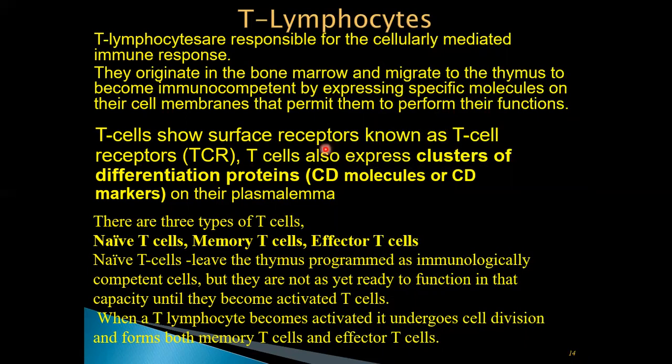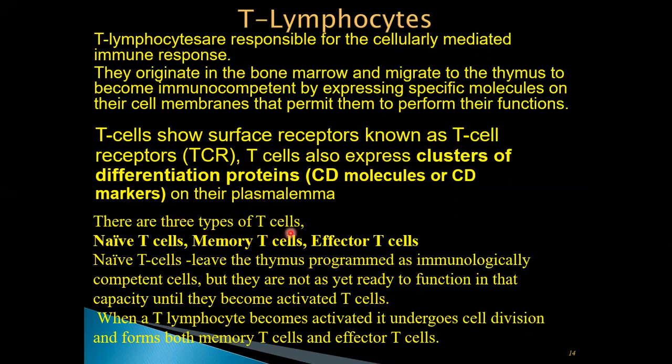Here in the T cell, the receptors present are called the T cell receptors. T cells also express the cluster of differentiation molecules, which we have discussed enough, plus the T cell receptors.